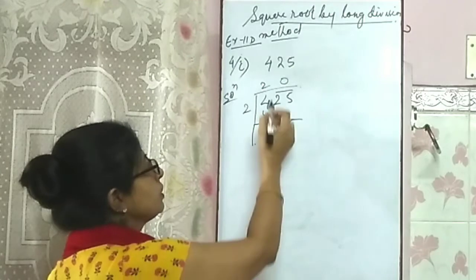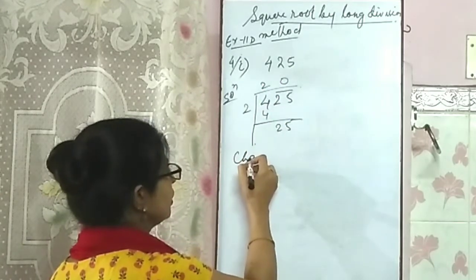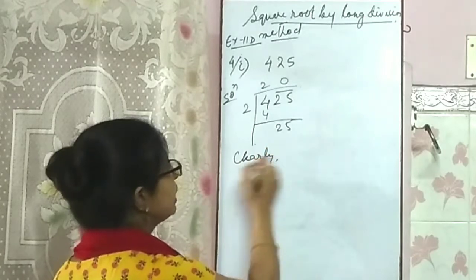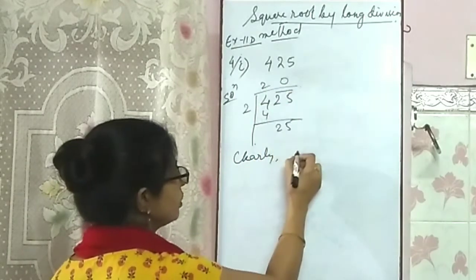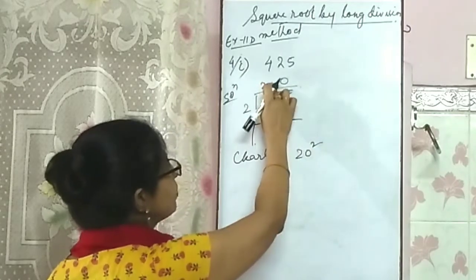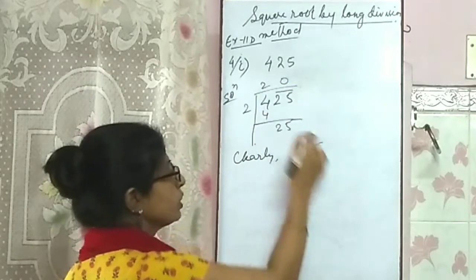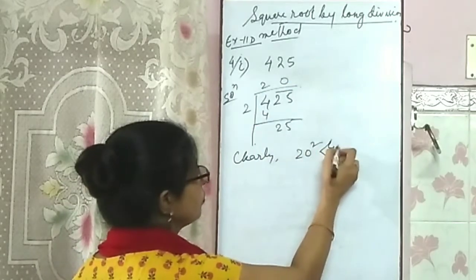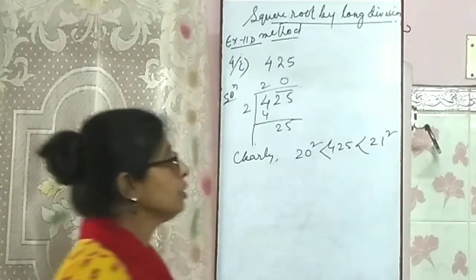That means, this we have clearly seen, this number is greater than 20 square. While making 20 square, it will be great. This number will be greater than 20 square, so it will be less than 21 square.